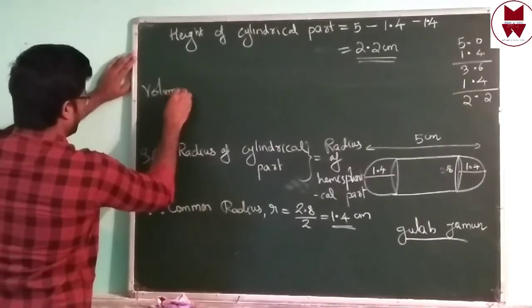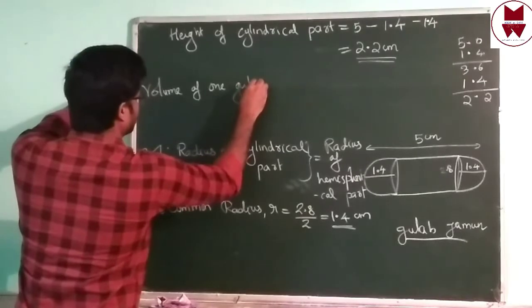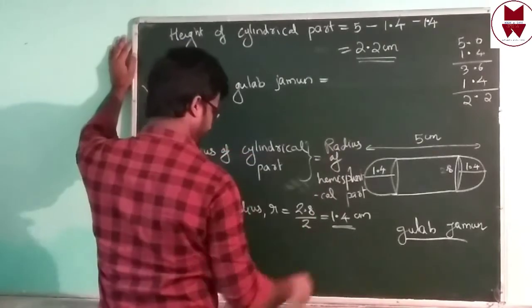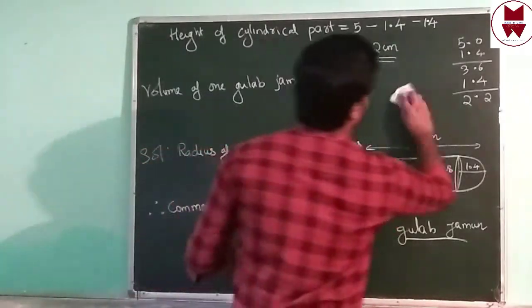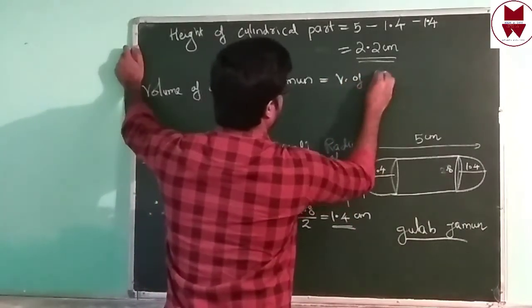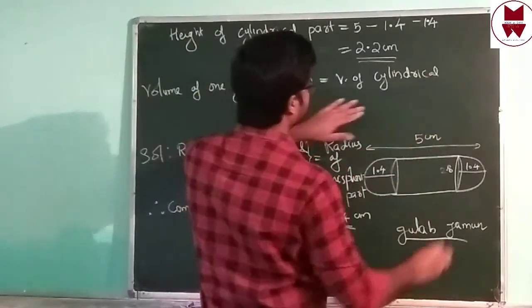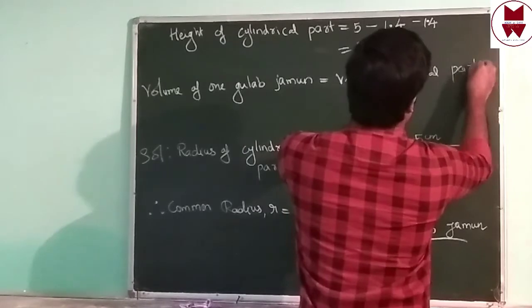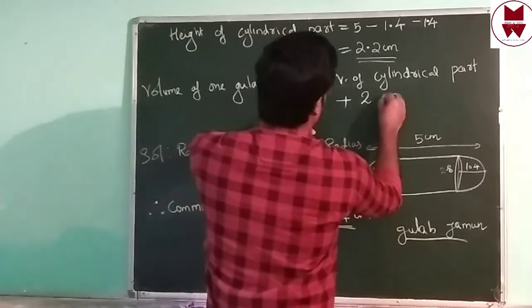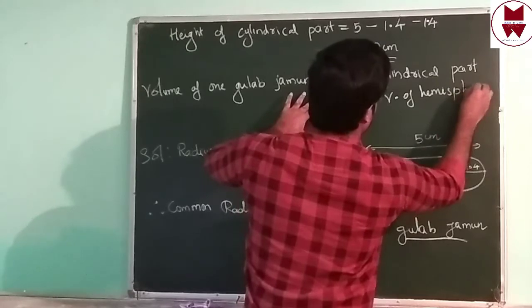Now we can find out the volume of one gulab jamun, equal to volume of the cylindrical part plus 2 into volume of the hemispherical part.